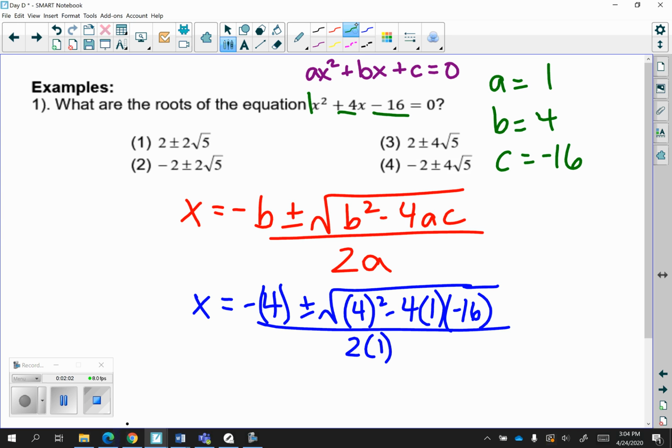Now, we're going to use our calculator and just put what's inside my square root in my calculator. So x is going to be equal to negative 4 plus or minus, putting 4 squared minus 4 times 1 times negative 16 into my calculator. I'm going to get radical 80 all over 2.